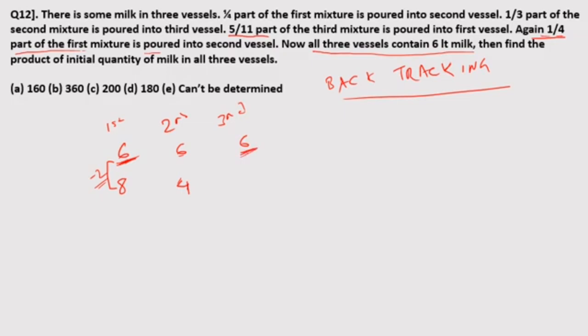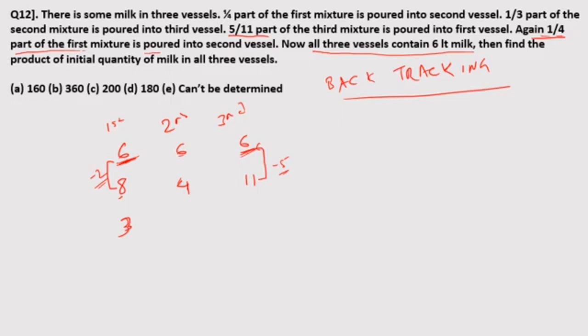So 6/11 is 6, and the volume in the third vessel was 6 into 11 by 6, that is 11 liters. 11 to 6 it is happening, minus 5. These 5 are given to vessel A. So initially before this step vessel A would be having 3 liters. From 3 it got 5 from C and then it became 8.